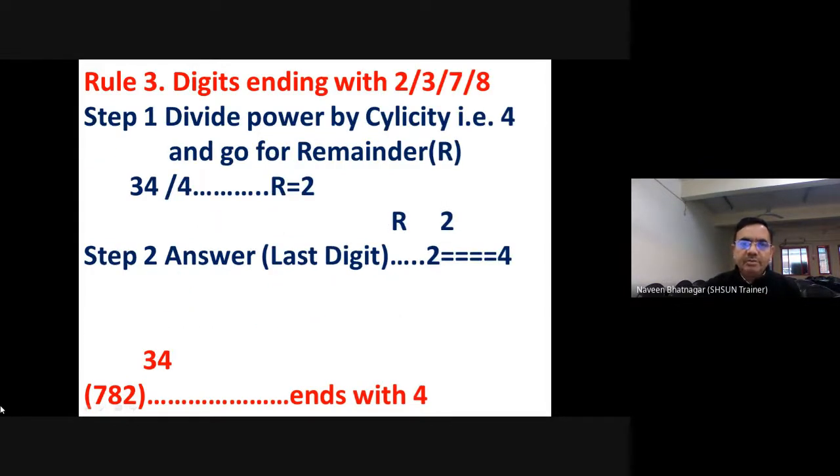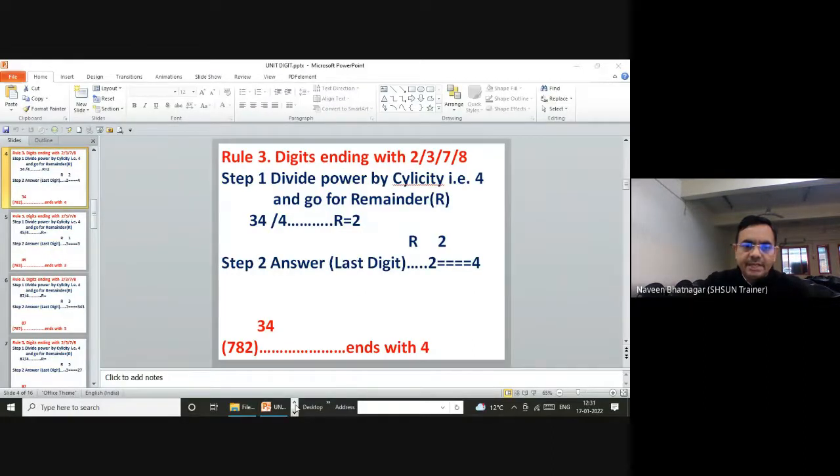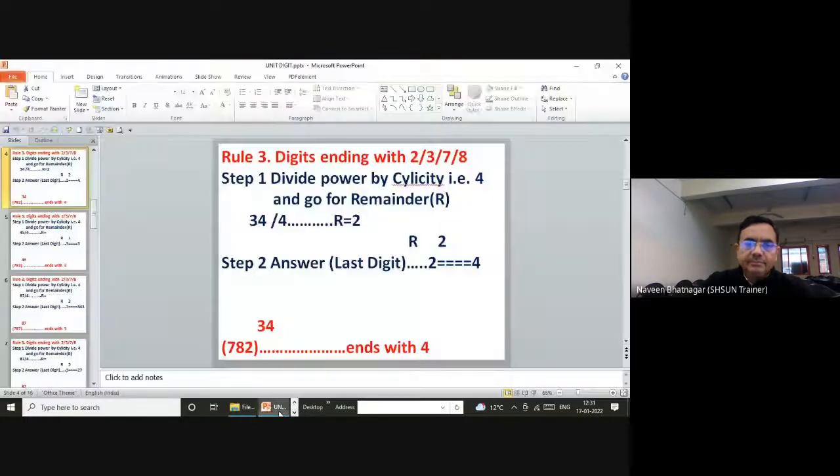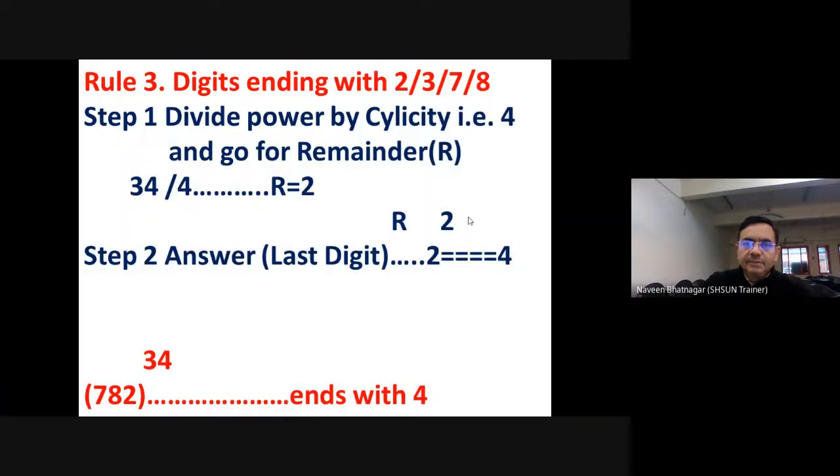Now let's focus on digits ending with 2, 3, 7, 8. For this, you need to remember a few things. Step 1 is divide the power by cyclicity. Let us consider this example: 782 raised to power 34.